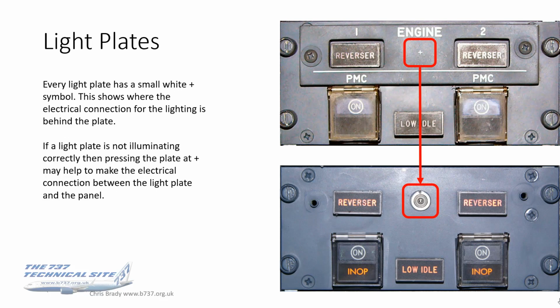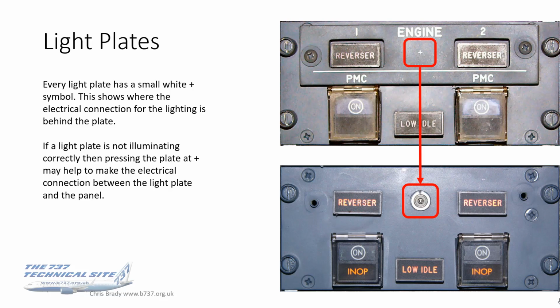Now going back to the light plate again, a common question I'm asked is what is this little cross which is on each panel? Strictly speaking, the cross is actually on the light plate, not the panel, as you can see in the upper photo, and every light plate has got one. And if you remove the light plate, as shown in the bottom photo, it shows where the electrical connection is for the lighting behind the plate.